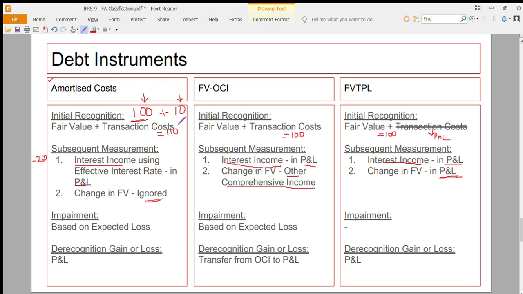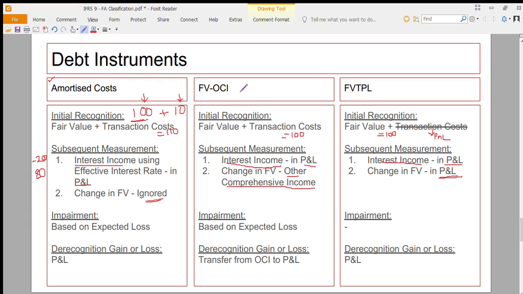In this case, you would have bought the asset and incurred $10 transaction charges, adding up to a total of 110. The fair value of the asset today is only $80, 100 minus 20, but you do not make any changes to the fair value or the book value of this asset if it is classified under amortized cost.